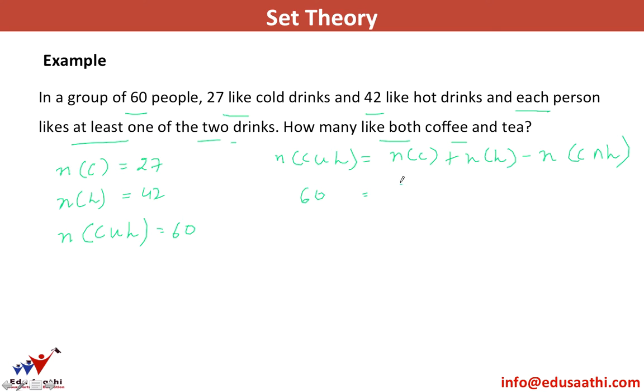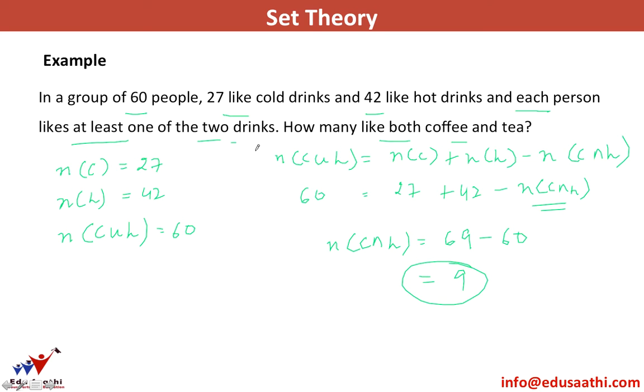N of C is how much? 27, plus I have n of H, which is 42, minus n of C intersection H. Now this intersection means people who like both the drinks. So n of C intersection H is equal to 69 minus 60, or 9. So there are 9 people who like both the two drinks.